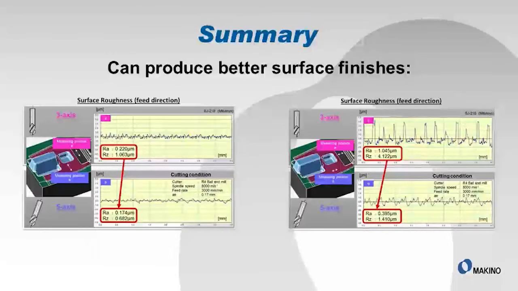In addition, the 5XC can also produce better surface finishes. Once again, if you recall, on the center console part we had two different areas where we measured surface roughness, in 3-axis versus 5-axis, and the results were that the 5XC approach provides much better, much finer surface finishes.